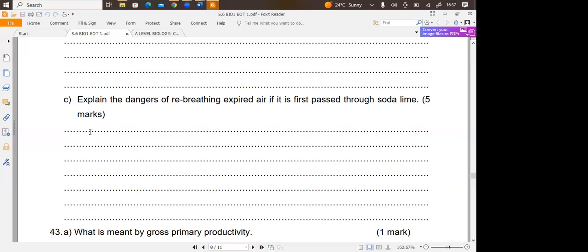Then you ask yourself a question, what is in expired air? Remember, we are still on our graph. For all these questions, you go back to your graph to see if you're still on point, or to see if you can get some clues from the graph. So expired air, what is in expired air?